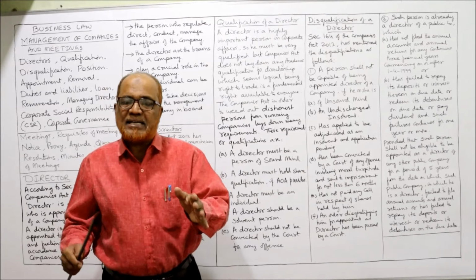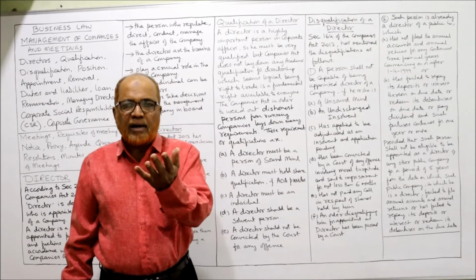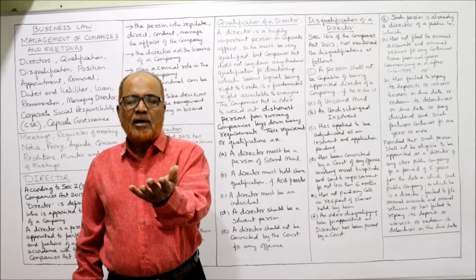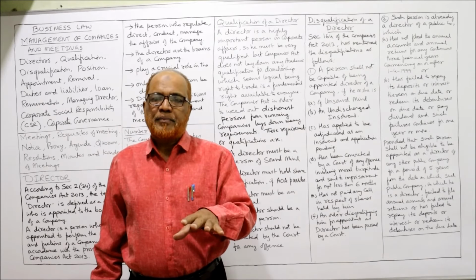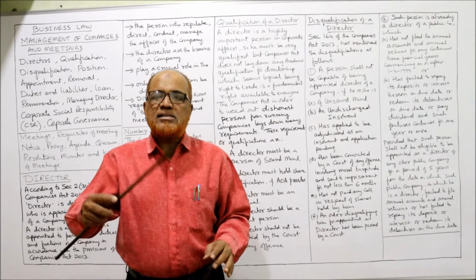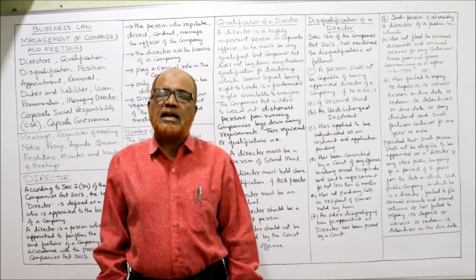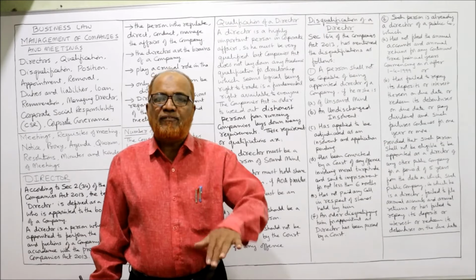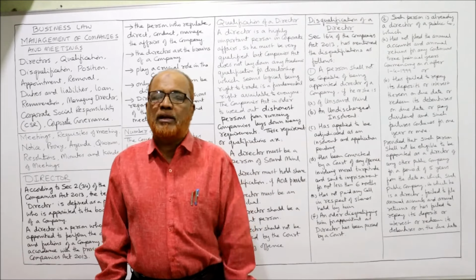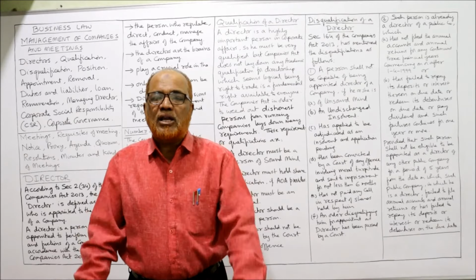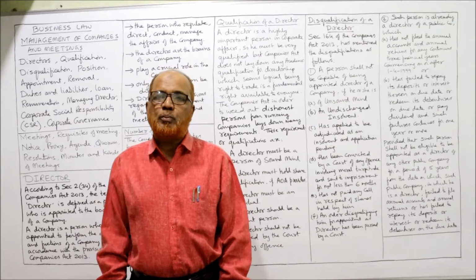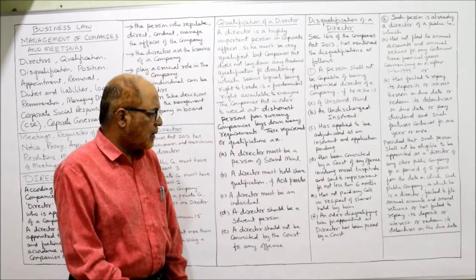For example, Mr. X is a shareholder, already holding so many shares. The company has made a call, but Mr. X has not paid the call. Defaulted in making the payment of call money for more than 6 months. Then again, he is not eligible to become the director of the company.